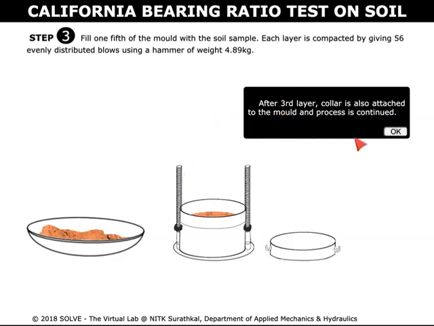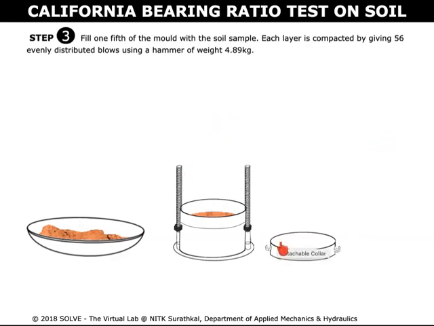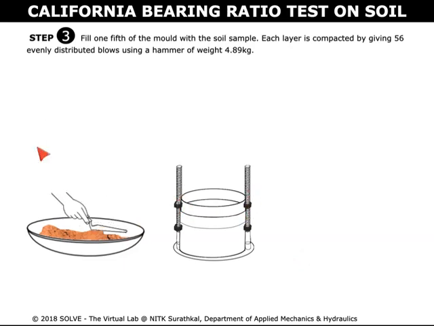See the instructions appear here. After the third layer, the collar is attached to the mold. Fix the collar in its position and continue the process. Click on the trowel and again repeat the process of layering the soil into the mold.